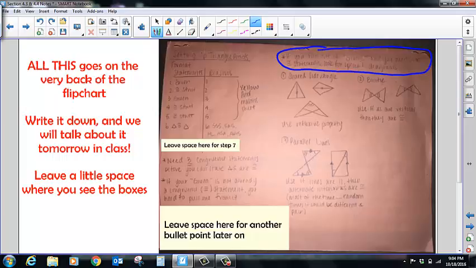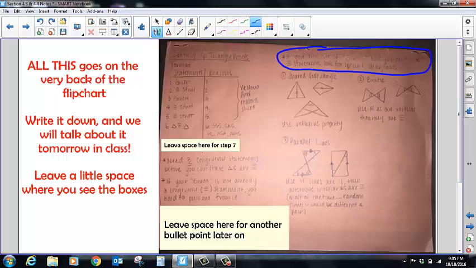It's kind of hard to read what that says. It says, if you run out of givens and you need more congruent statements, look for special diagrams. And I will explain what all of that means tomorrow.